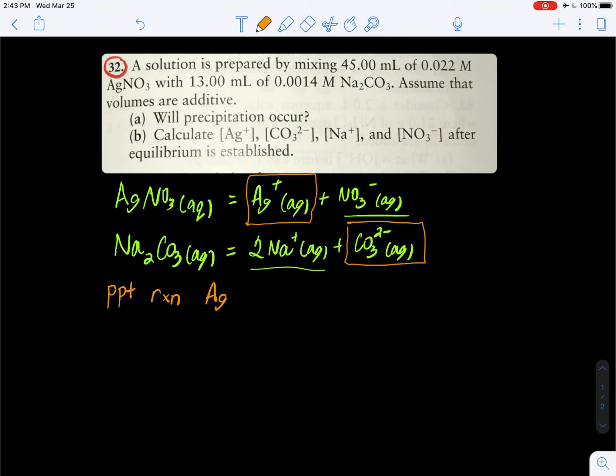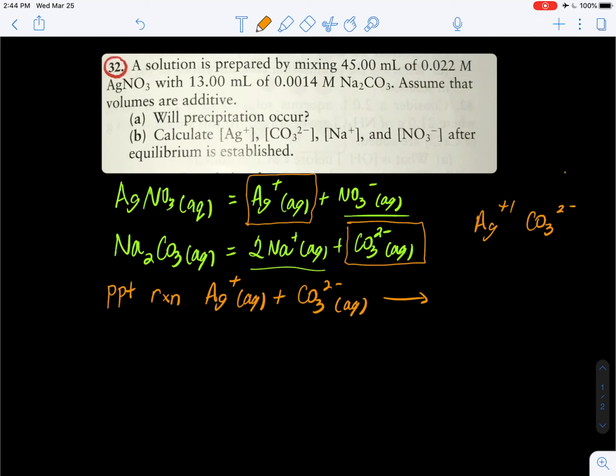So silver ion is going to buddy up with carbonate to give silver carbonate. Now you might not know what the formula of silver carbonate is, so we need to write out the charges here. Okay, and crisscross or just think about it, right?